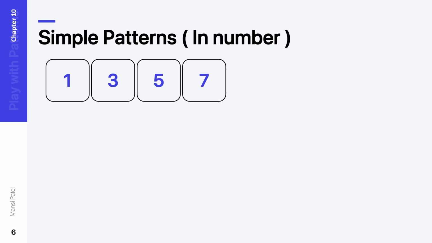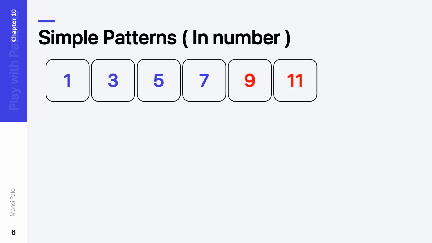So see here which rule we have to apply. Here 1, 3, 5, 7. These all numbers are odd numbers. So after 7, which is the next odd number? That is 9.